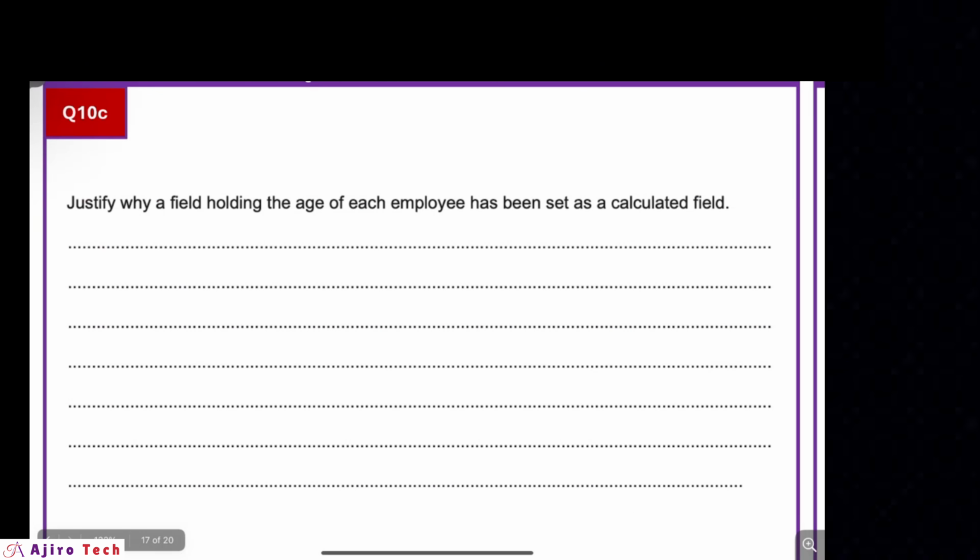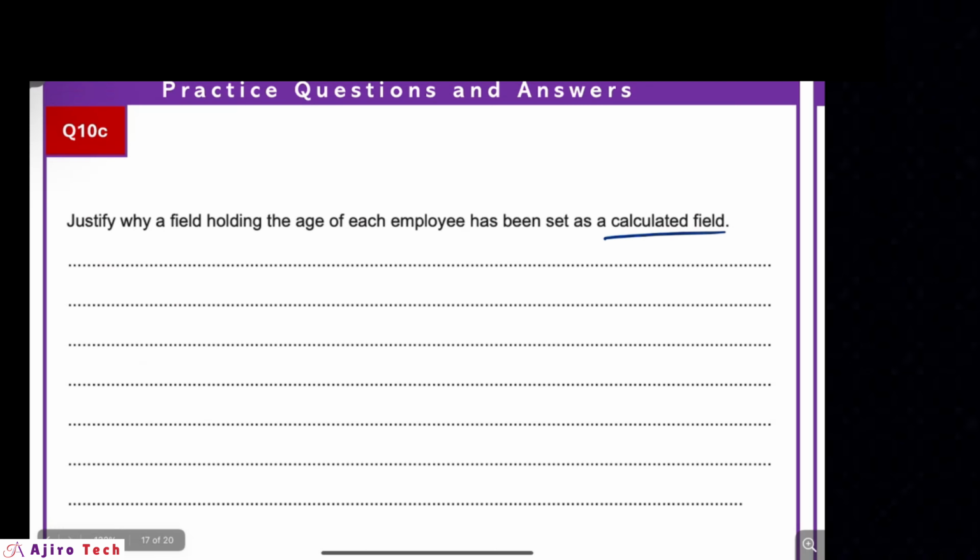Justify why a field holding the age of each employee has been set as a calculated field. Now, let me explain why. Age is calculated from the current date minus date of birth.